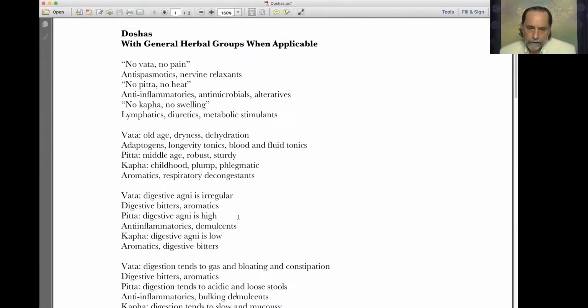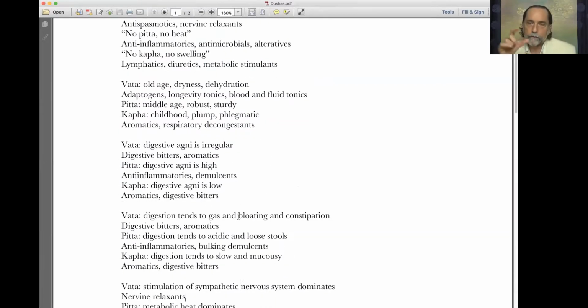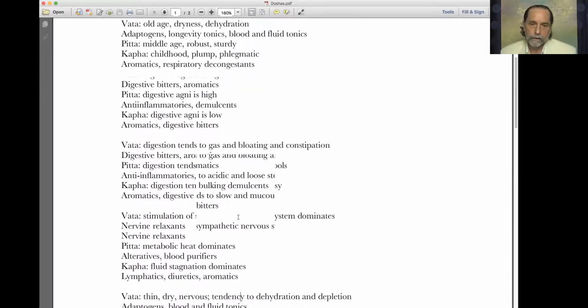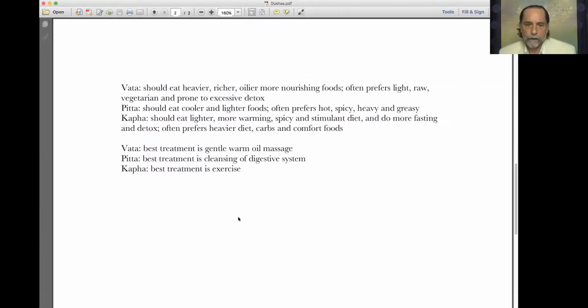So you can just go ahead and scroll down through this. This will go with your constitutional analysis. Get the constitutional analysis and then plug this information into it. And then you'll start to see, all right, this is helpful. And then what does it boil down to? Vata people need warm oil, gentle warm oil massage. Pitta people need more of the cleansing and the detox, and Kapha people need more exercise.